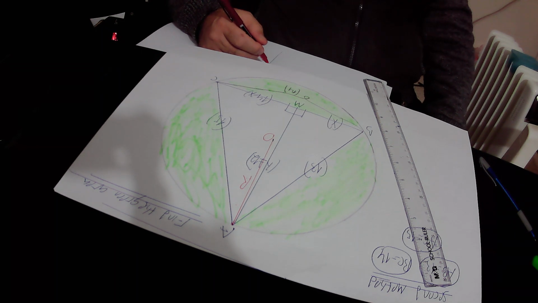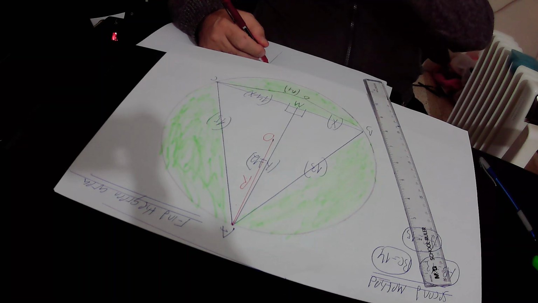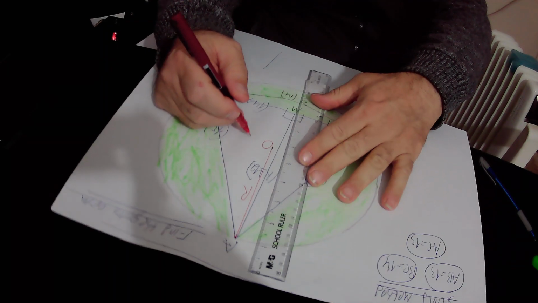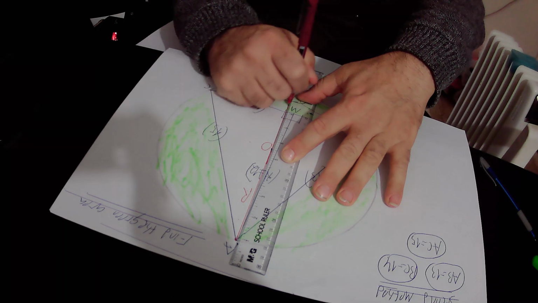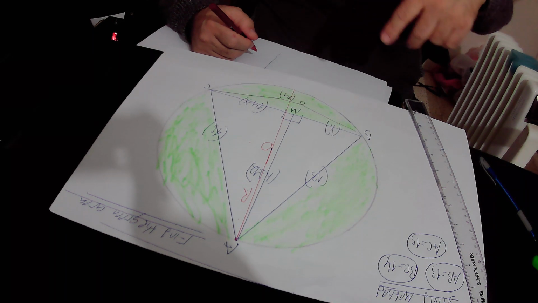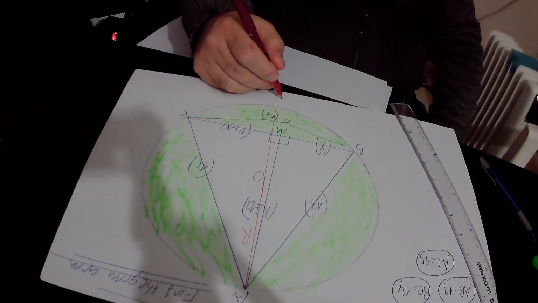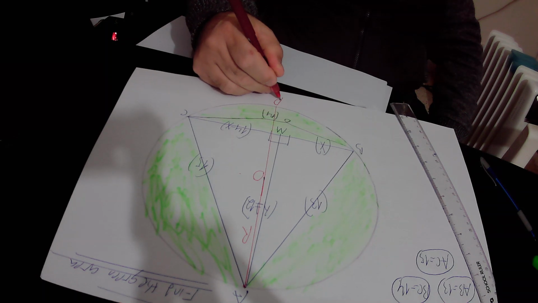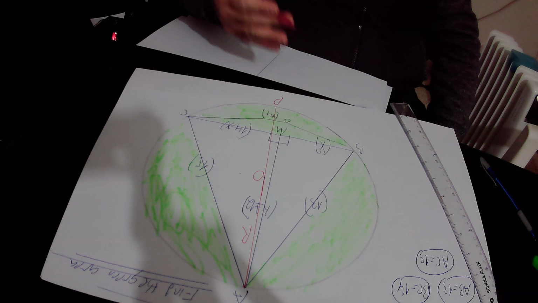In the next step, we will extend the radius AO by a straight line until it touches the circle. And we will define the touching point of the extended radius AO and the circle as P. We extended the radius AO, that is absolutely a straight line, by a straight line.